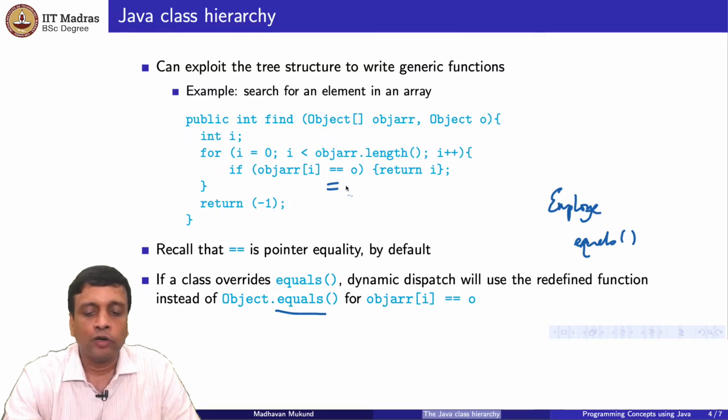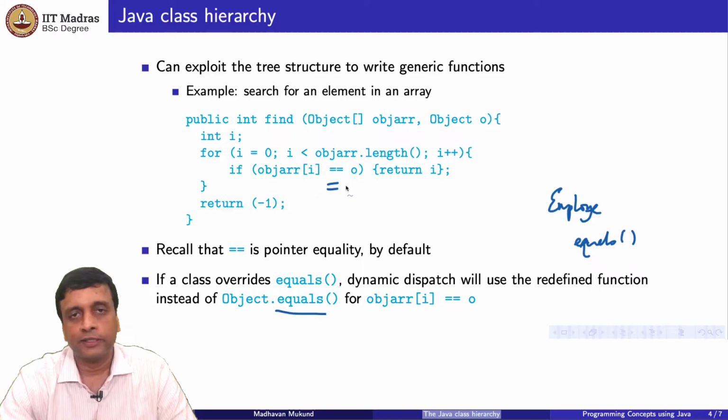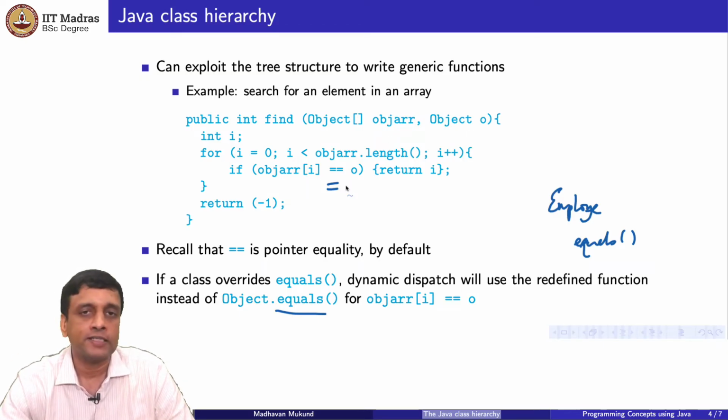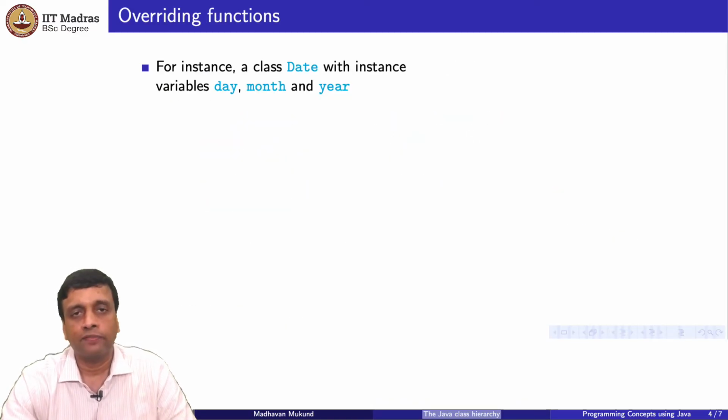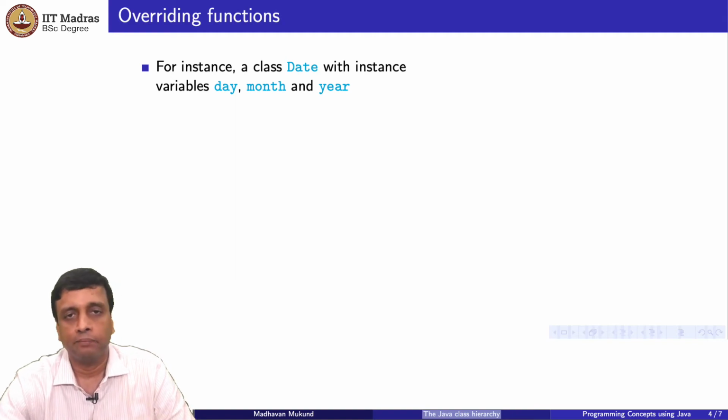So this double equality will call the dot equals, but the dot equals will be that which is most specific to the object at runtime. So then I will actually get an equality comparison as defined, say, in employee, rather than the pointer equality given in object. So I could, for instance, have an equals function which compares the values of the instance fields and decides that two employees are equal if they have the same name and the same salary.